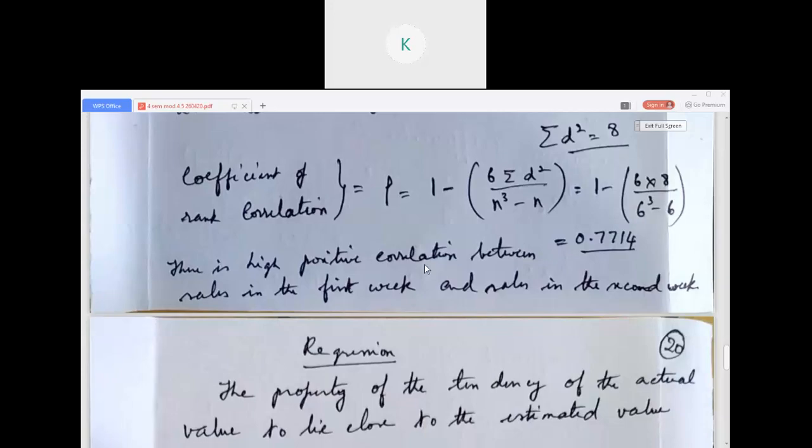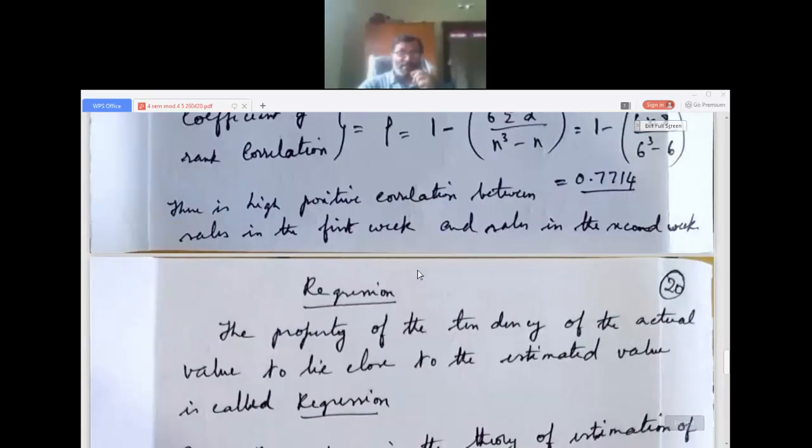Now, regression. The property of the tendency of the actual value to lie close to the estimated value is called regression.